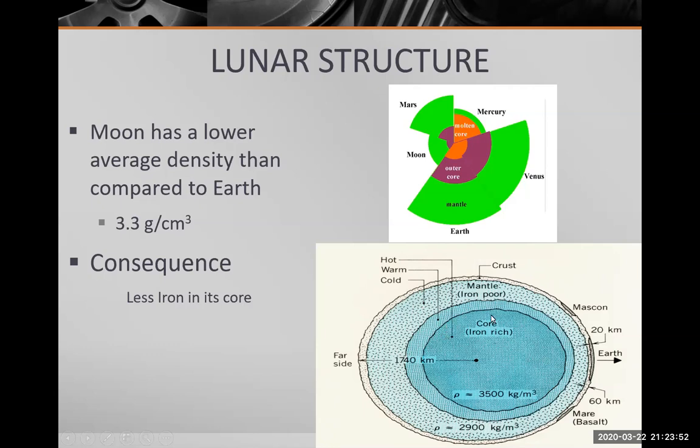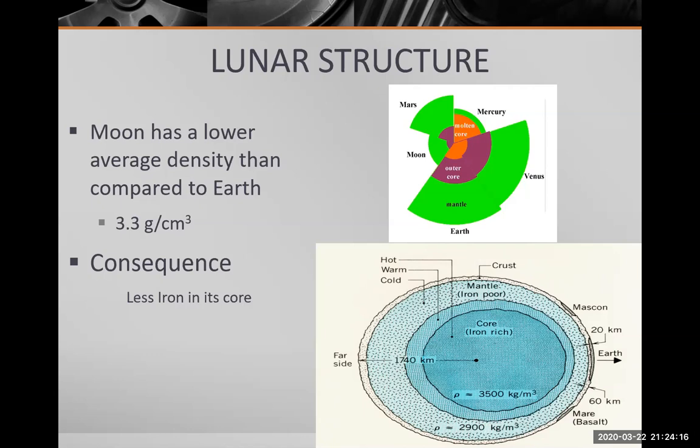But the entire structure right here in a bluish color is the actual core itself. What I want you to notice about this bottom picture is that the core is relatively small compared to the size of the moon itself, aka its mantle is very, very thin, and therefore because of that, it's not going to have a lot of volcanic activity.